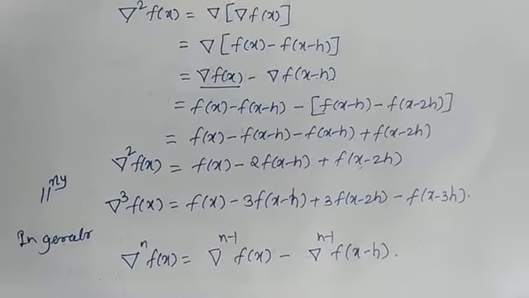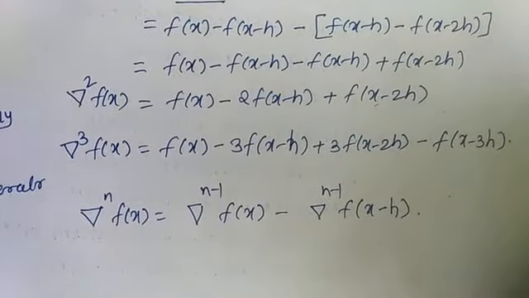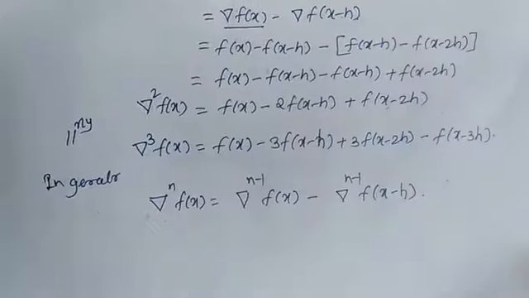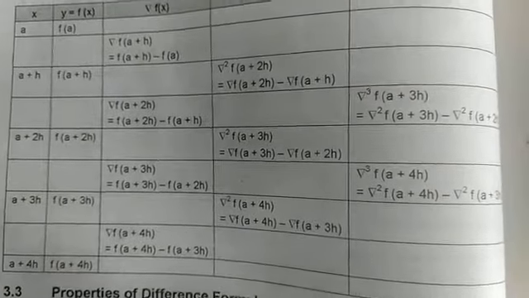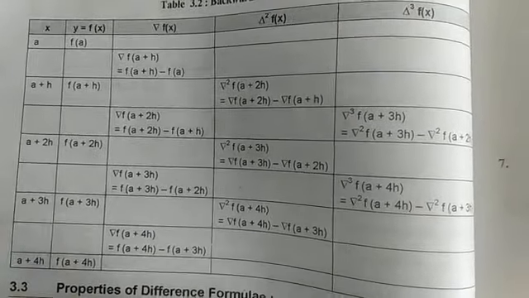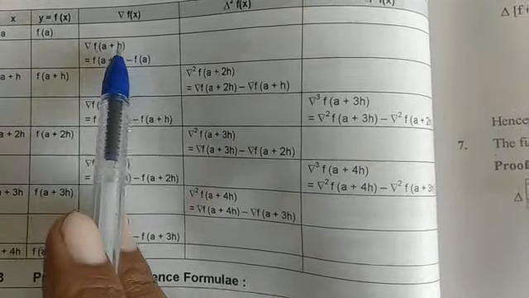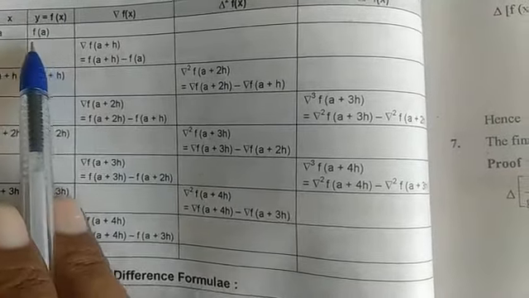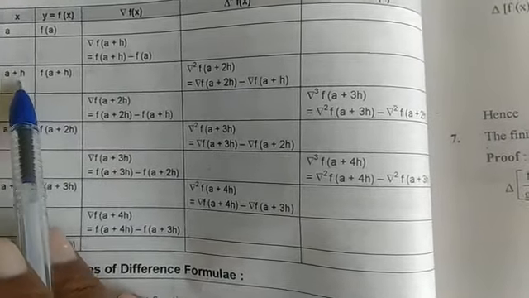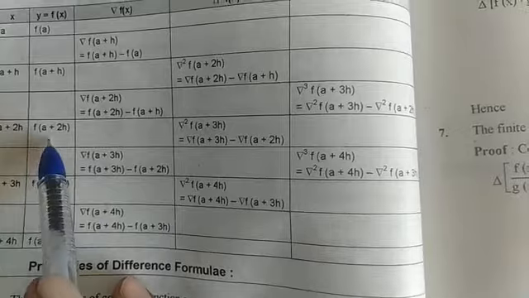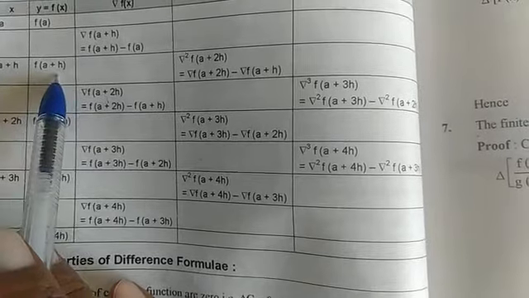This is all about forward and backward. You can prepare a similar table as the backward difference table also. I will show in a book. So here it is similar to the forward difference. First here it is f(a), and the first difference ∇f(a + h) is equal to f(a + h) − f(a). For the second, the first difference between a + h and a + 2h is given by ∇f(a + 2h) = f(a + 2h) − f(a + h).